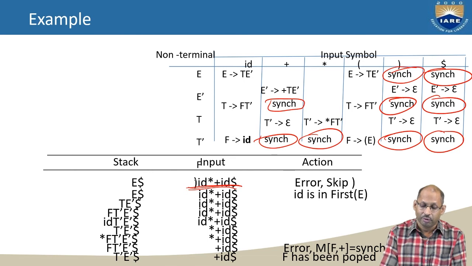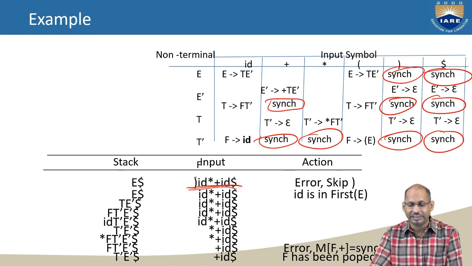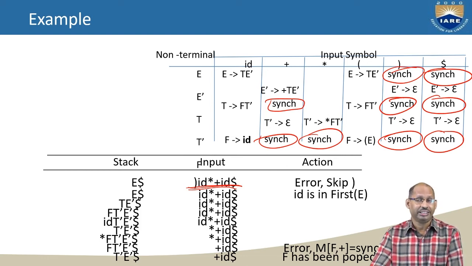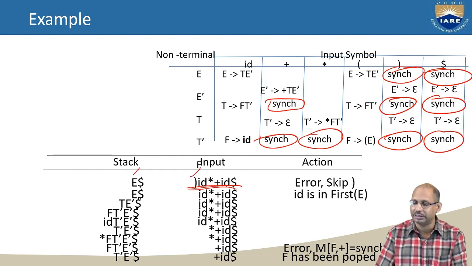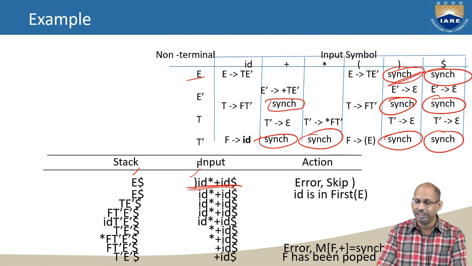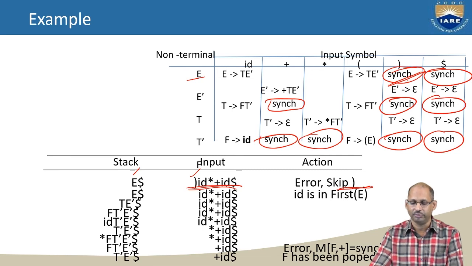Here, we have made some typing mistakes. The parenthesis is additionally added, and ID is missed. Actually, ID into ID plus ID is the input string, but mistakenly we have typed it differently. So, here E and parenthesis: simply synchronize, skip the one.